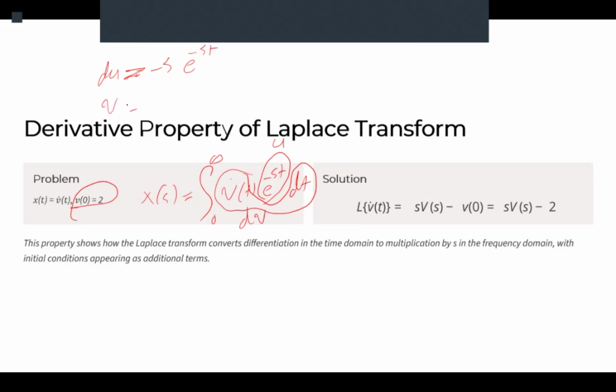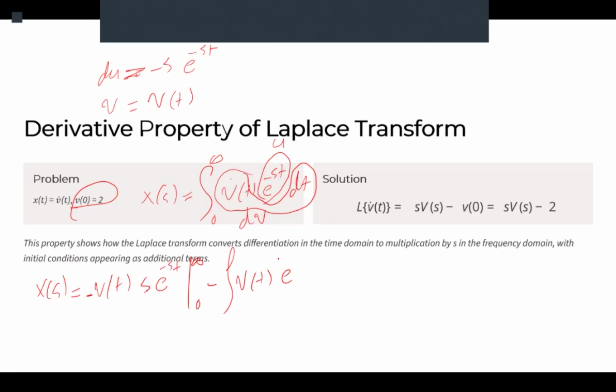And v is going to be simply v of t. So the Laplace transform of x becomes uv, which is v of t times e to the power of minus st from 0 to infinity, minus the integral of v du.